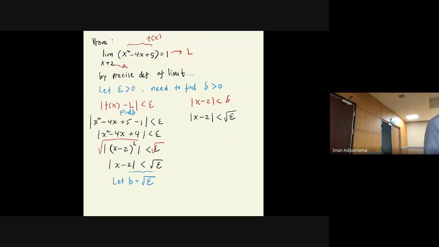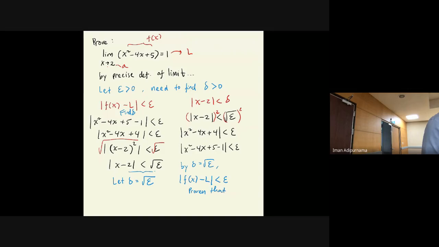We need to bring back the original equation, so square both sides, and we can make it back to really close to the original equation. So by delta equaling the square root of epsilon, it's proven.